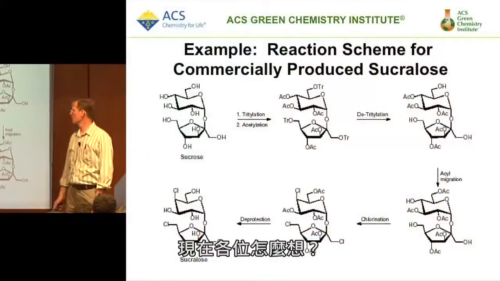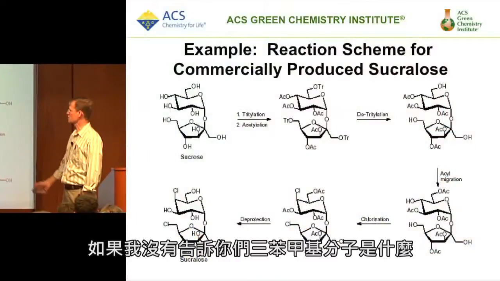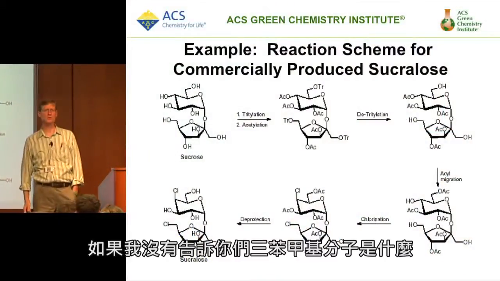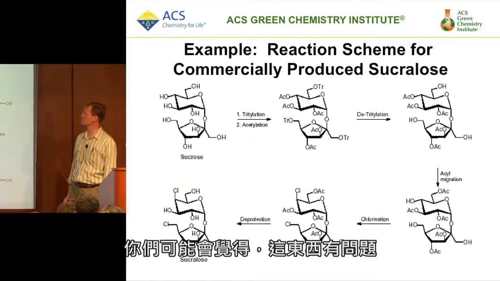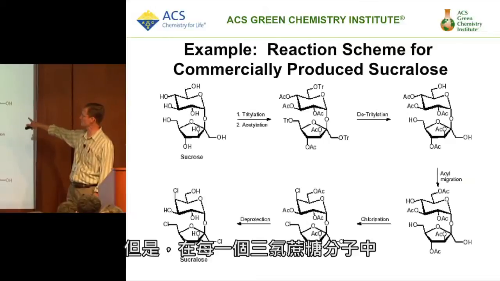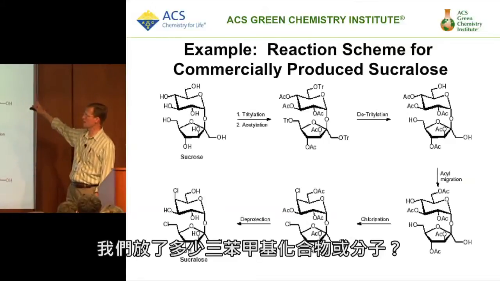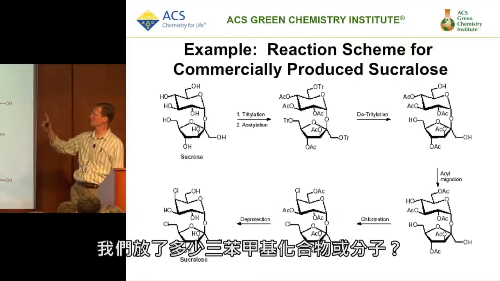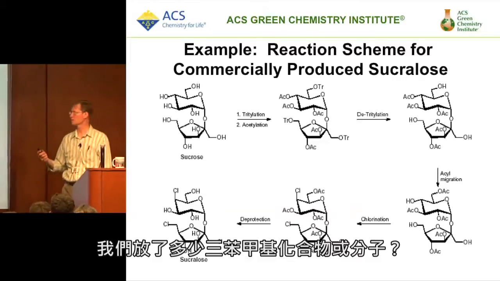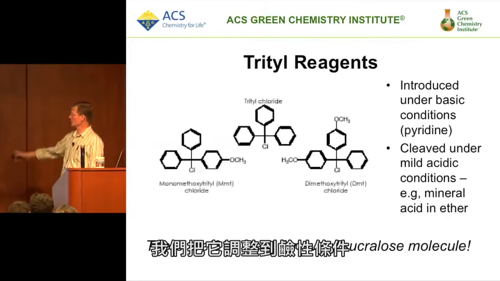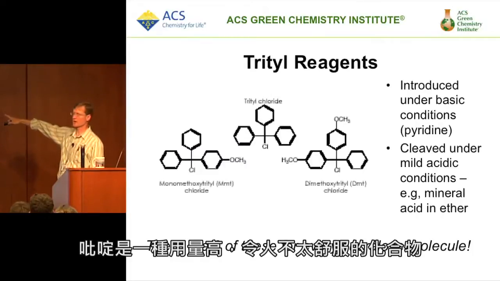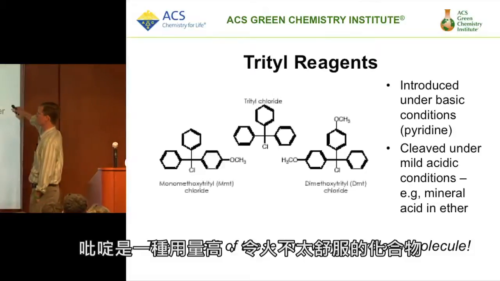Now, what can you say about that? If I didn't show you what the trityl molecule was, you might suspect that it's got some problems. But for every single sucralose molecule, how many trityl compounds do we have, or molecules? So we introduce it in basic conditions, pyridine, which is not a very happy compound itself.